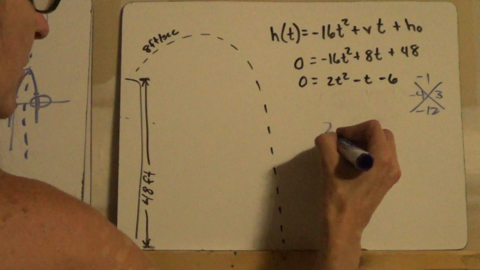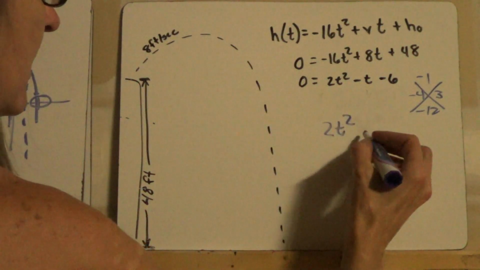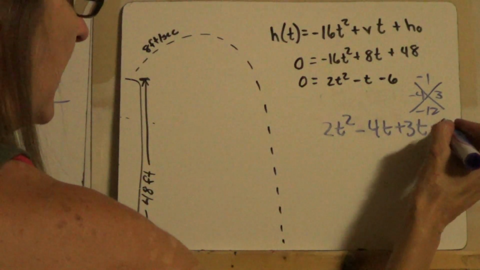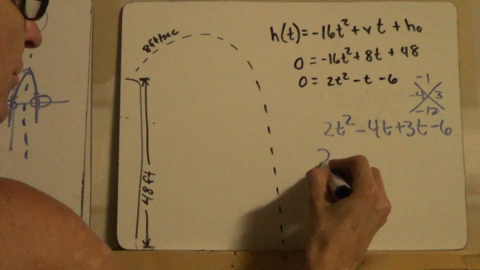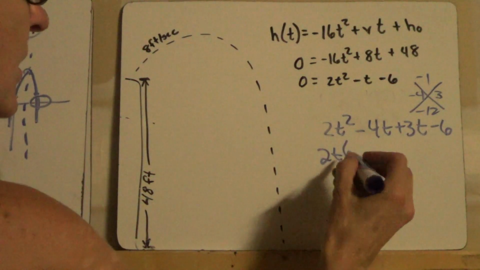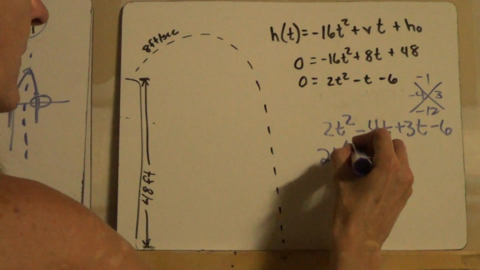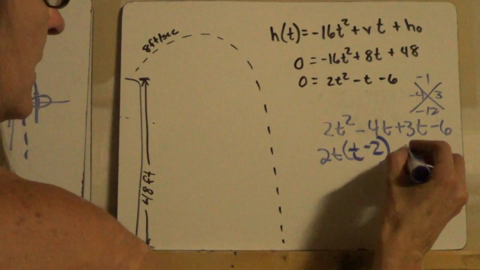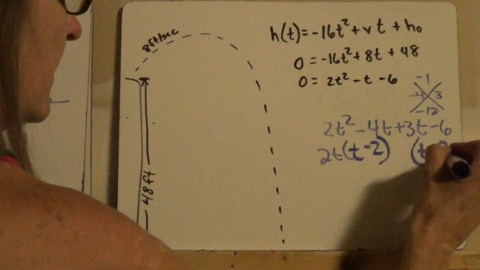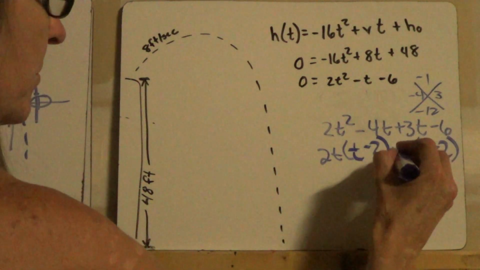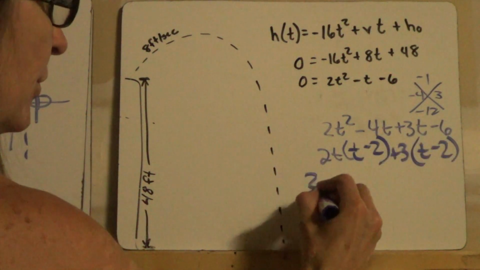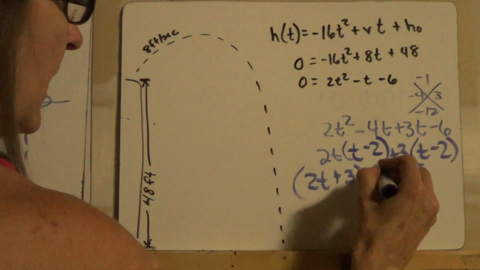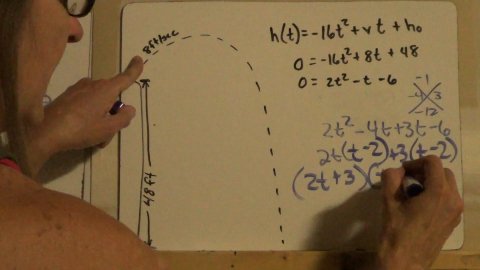I would go to 4 terms: 2t squared minus 4t plus 3t minus 6. So I factor out 2t, and I have t minus 2, and I factor out plus 3. So I have 2t plus 3 times t minus 2. I don't think that I had it right before.